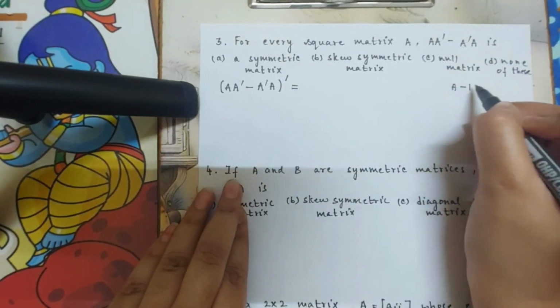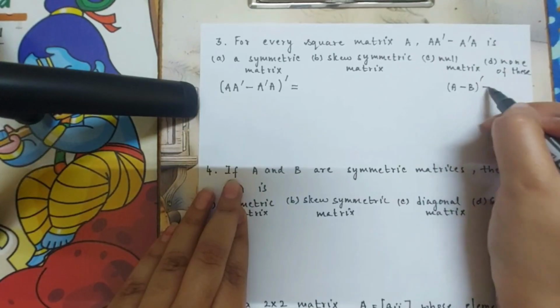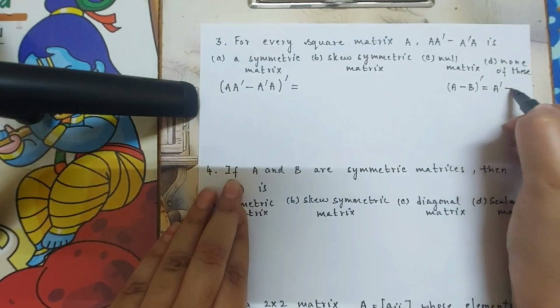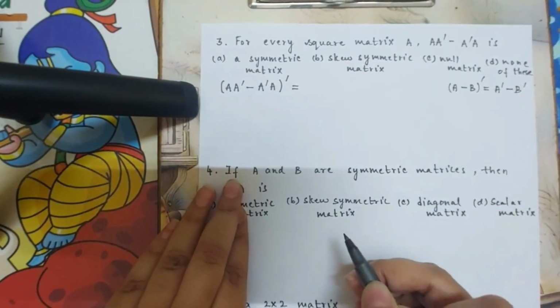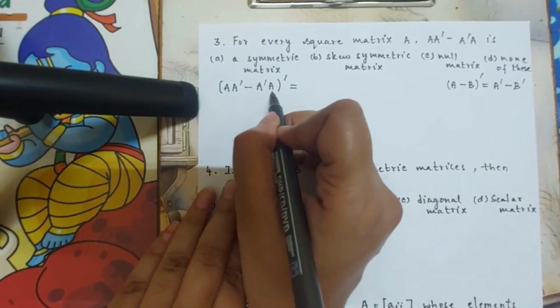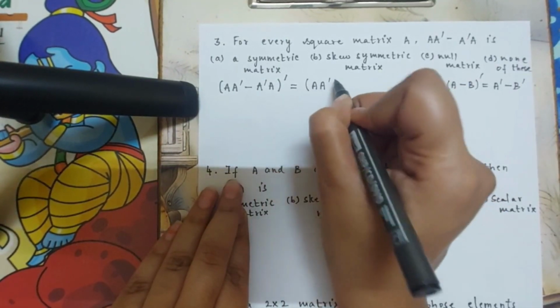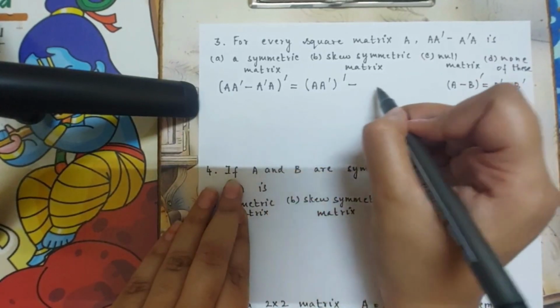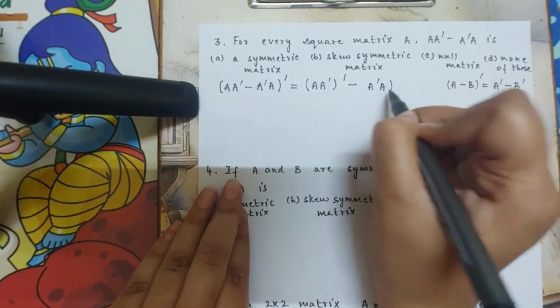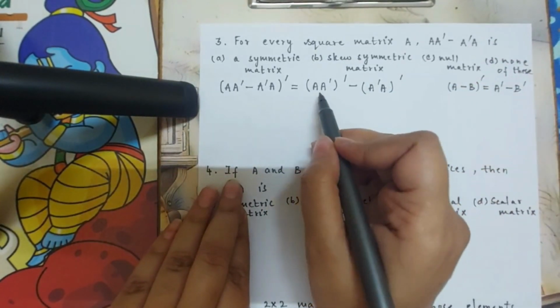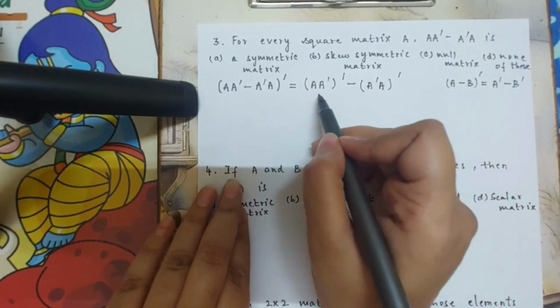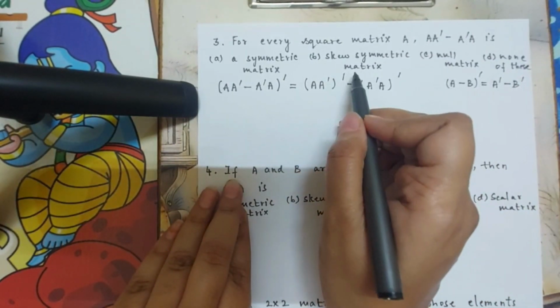Now we already know A minus B the whole dash can be written as A dash minus B dash. So I'll apply the same thing even here. A dash the whole dash minus A dash A the whole dash. Now even this and this are of the form AB dash.